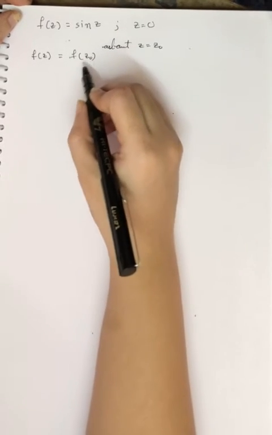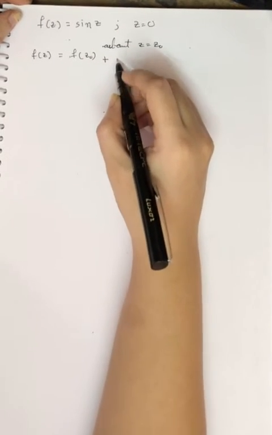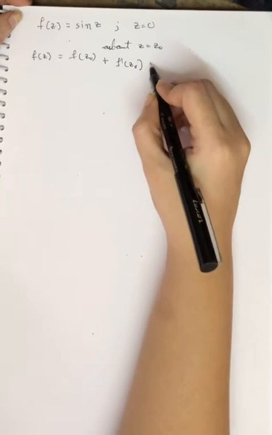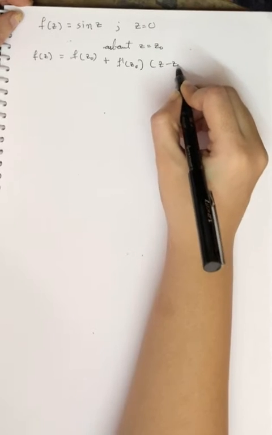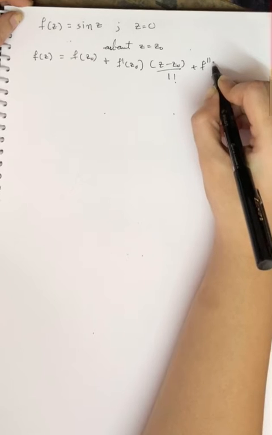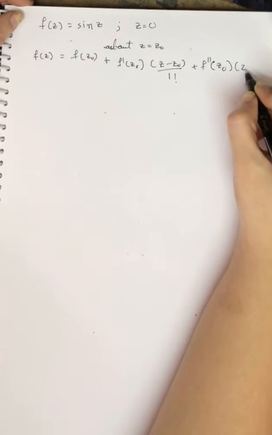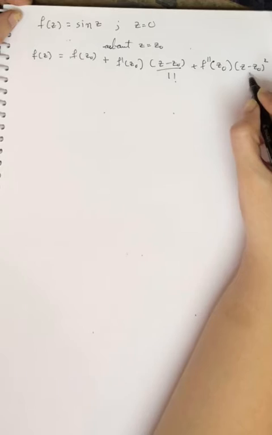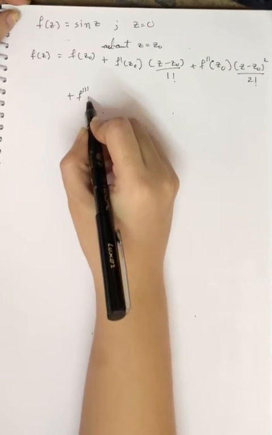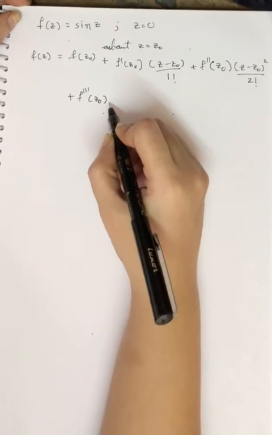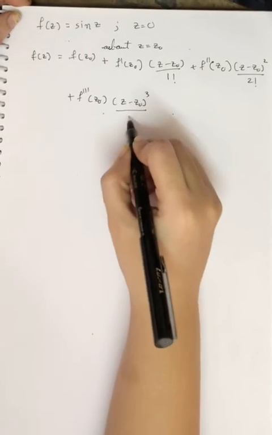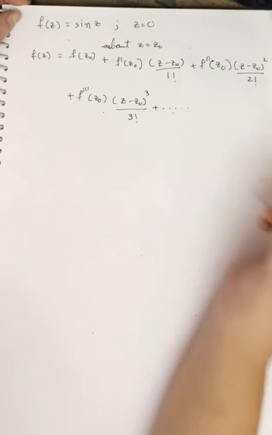So it is written as f of z0 plus f prime of z0 into z minus z0 upon 1 factorial plus f double prime of z0 into the bracket squared upon 2 factorial plus the triple derivative of the function, and then the cube of this bracket divided by 3 factorial, and so on.